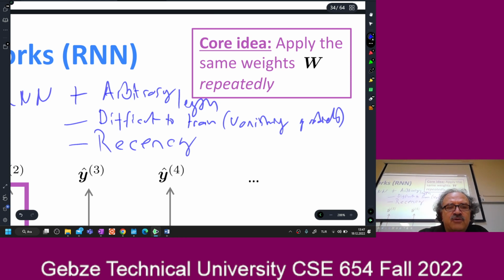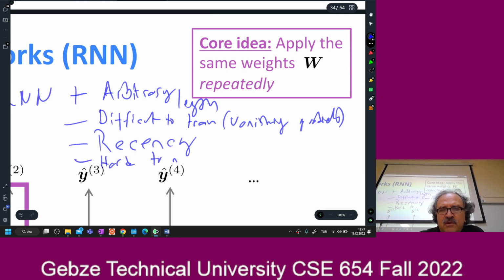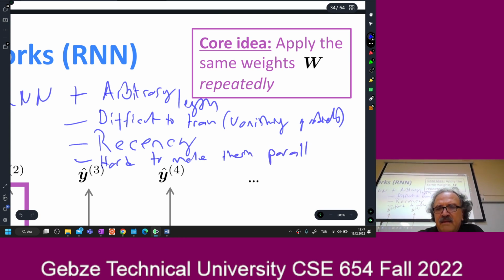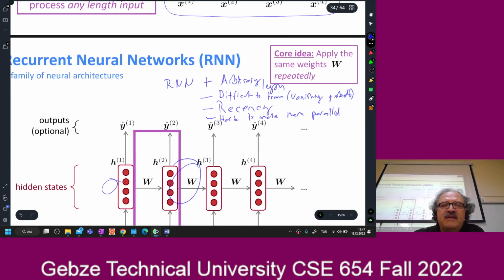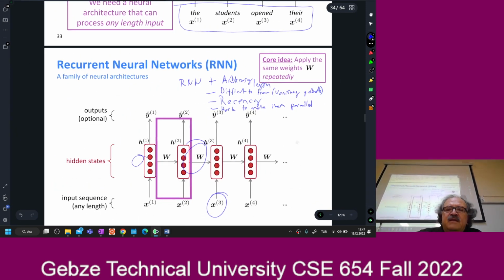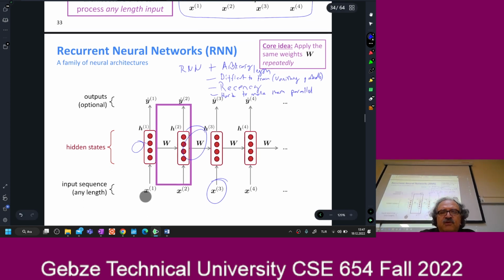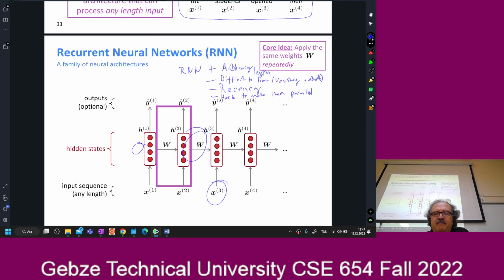If I have a 1 million word corpus, I need to feed it through this loop, this pipeline, starting from the first word, then the second and third, and it goes that way.